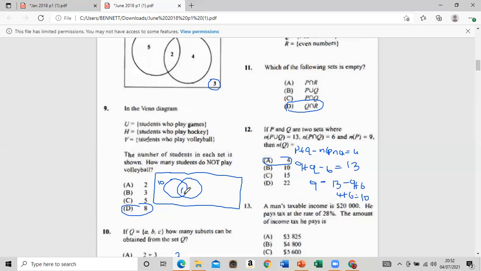I didn't tell you that. Let's leave it. So Q and this are P. It doesn't matter, we don't change any part of the question in any way, right?